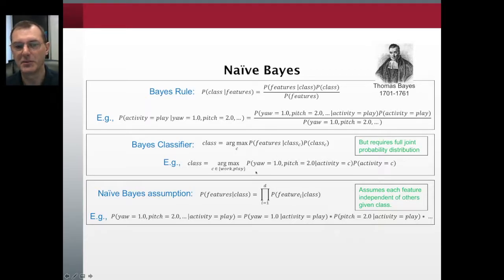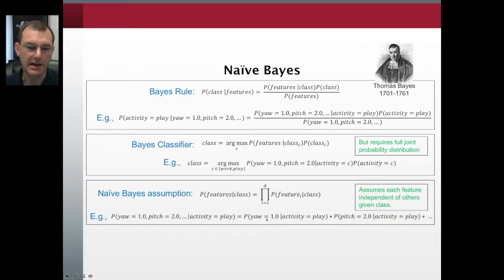Namely, instead of the probability of all the features given the class, we're going to look at the probability of a particular sensor value given a class. For example, if we wanted to know the probability of a particular set of sensor values given the activity of play, we can estimate that by just computing the product of all of the individual sensor values. So just the probability of yaw equals 1 given activity is play, times probability of pitch is 2 given activity is play, and so forth.